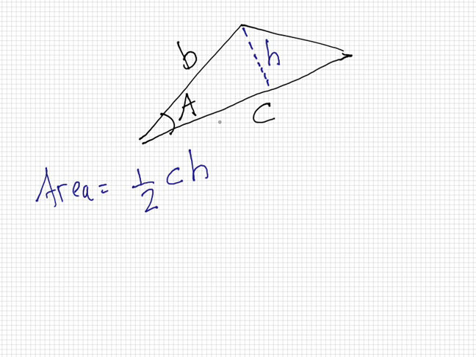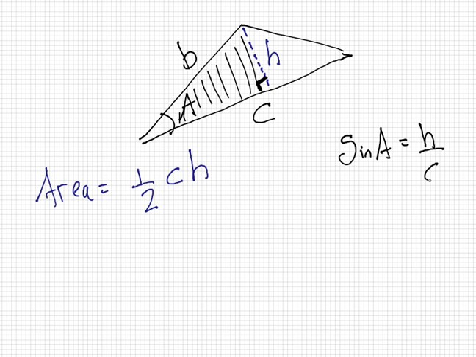We don't know the height, but because this triangle is a right angle triangle, like what we saw earlier today, right angle triangles have special rules. What is the sine of angle A on this right angle triangle? It'd be H over C. Opposite over... C is the whole thing. H over B, sorry.